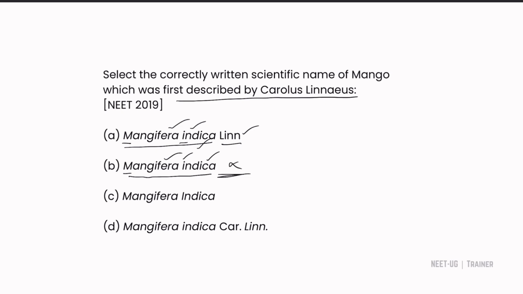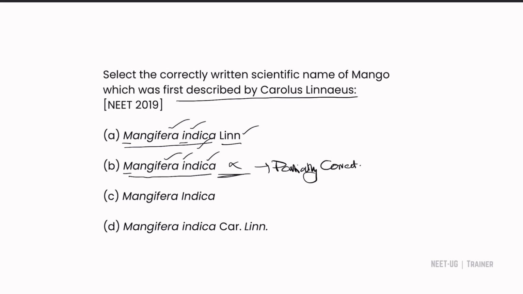So this is mostly an incomplete answer, partially correct. In the question, it is clearly given that it was first described by Carolus Linnaeus. So Linn has to be there. This is not there. So it is partially correct.